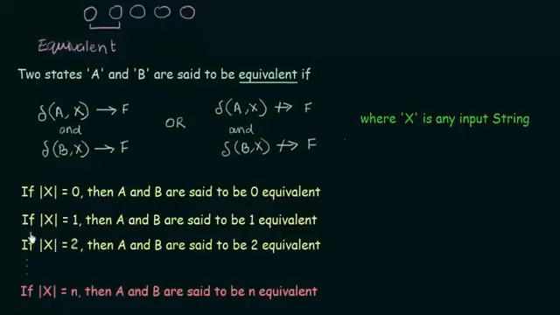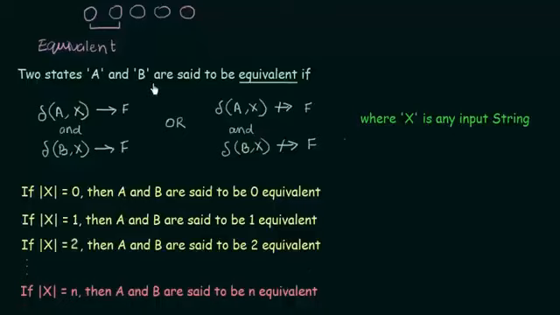Alright, and if the length of x is equal to 1, then A and B are said to be 1 equivalent. And if the length of string x is equal to 2, then A and B are said to be 2 equivalent. So in general we can write that if the length of the string x is equal to n, then A and B are said to be n equivalent. Alright, so these are the types of equivalences that we have.